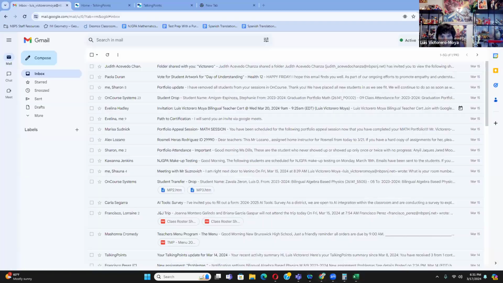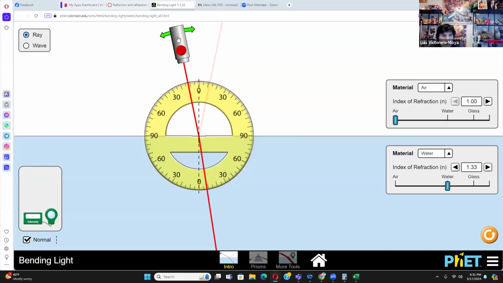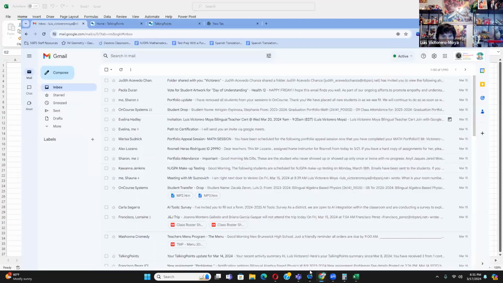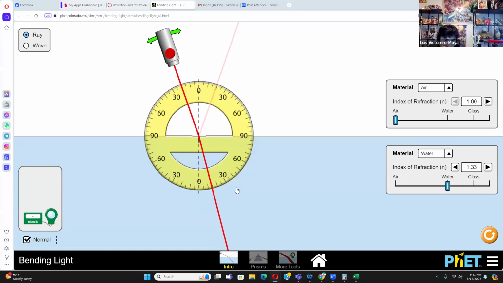For 15, yeah, 15 here, I got about 10 degrees. So it's fine. It's not going to be linear, so don't worry about it. For 20, I get about 14 degrees.